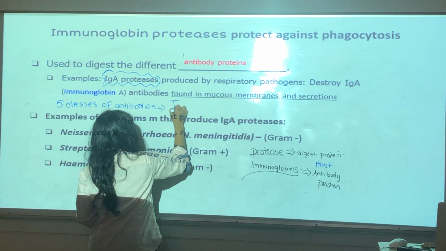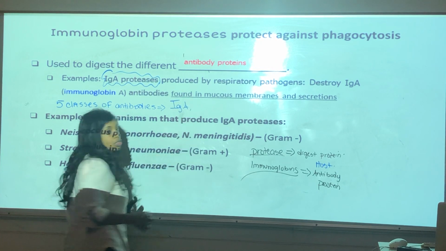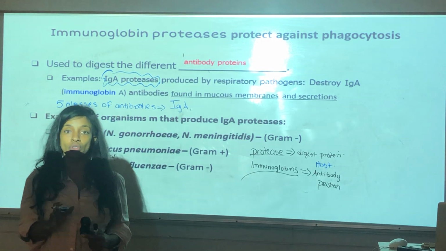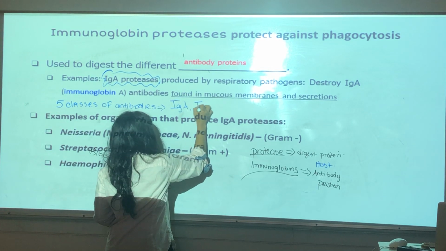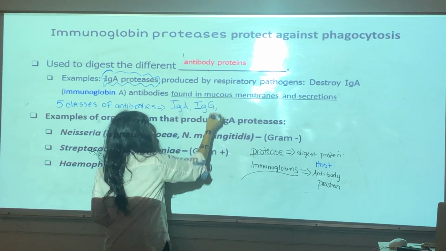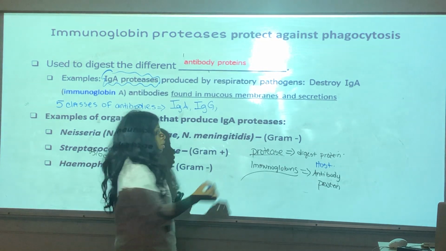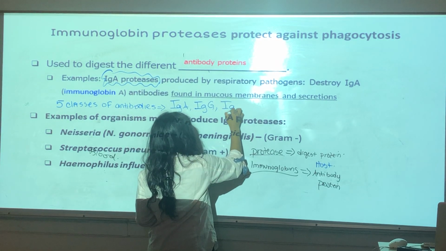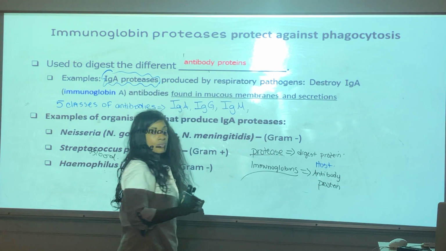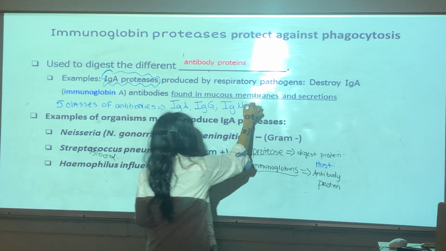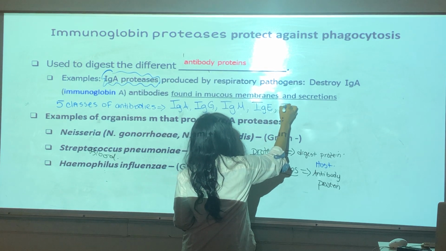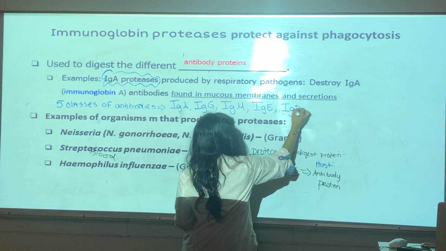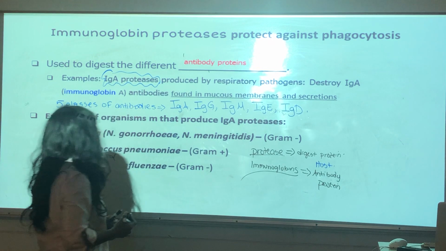What else? There's 4 more. We have IgG, IgM, IgE, and IgD. So we have 5 different antibodies.